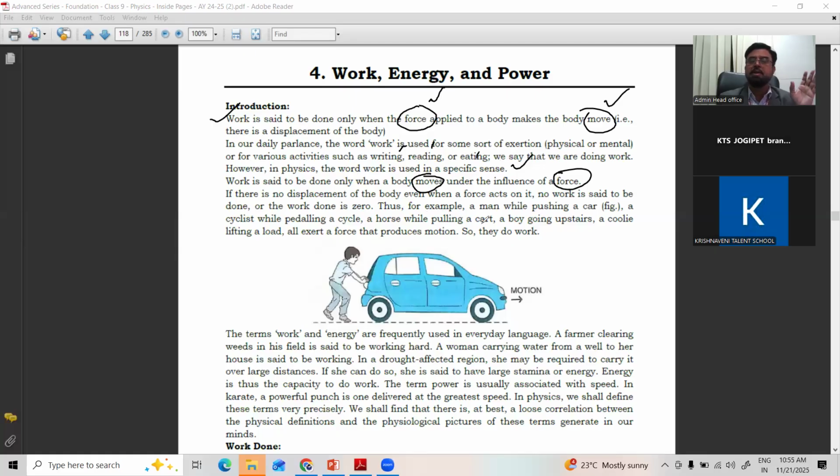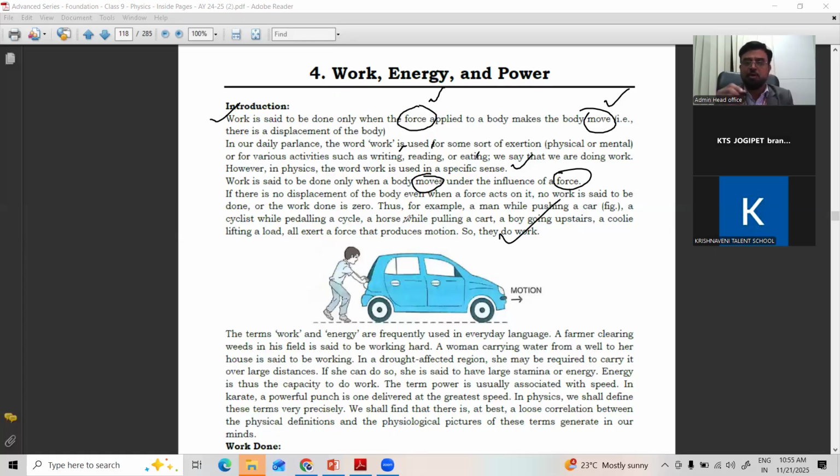Thus, for example, a man while pushing the car, a cyclist while pedaling the cycle, a horse while pulling the cart, a boy going upstairs, a coolie lifting a load, all exert force that produces motion, so they are doing work. All these examples you can see, so many are given. A man while pushing the car, one case.